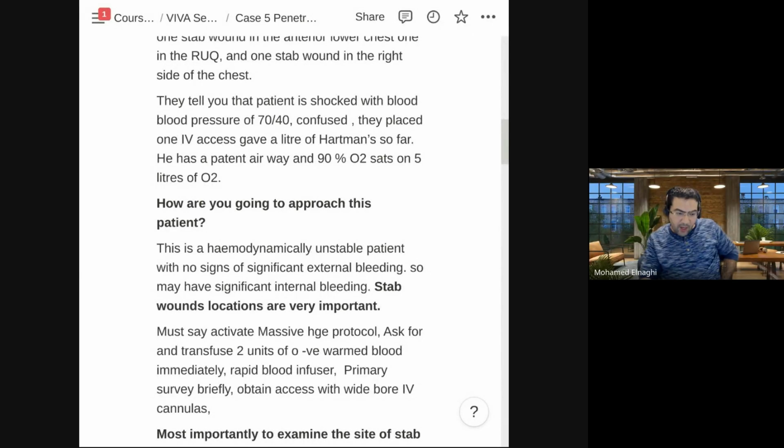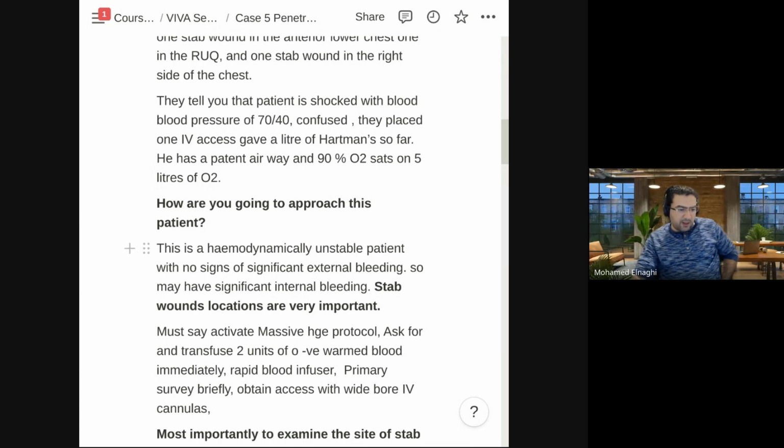This is why you need to give the patient warmed blood. In most units, you would have a blood infuser with a warmer associated with it, so the blood is infused through a warming device, which warms the blood on its way down to the patient.